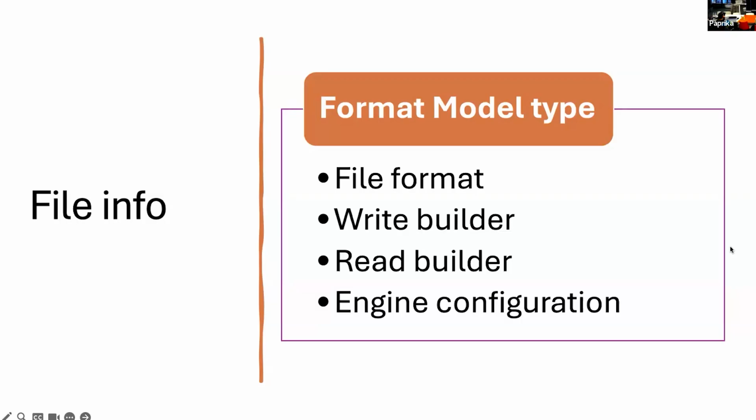It will create the write builder and the read builder, but provide a way for the engine to configure the readers and the writers. This is the configuration; you can think about it like the previous reader function, writer function, and so on. This is how you can set it in the format model.